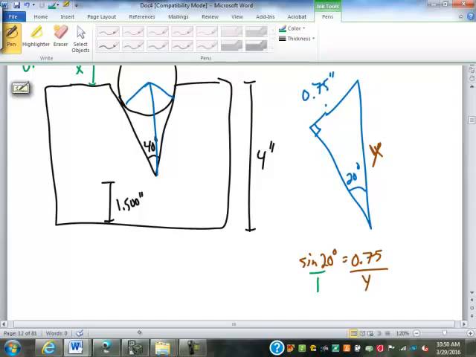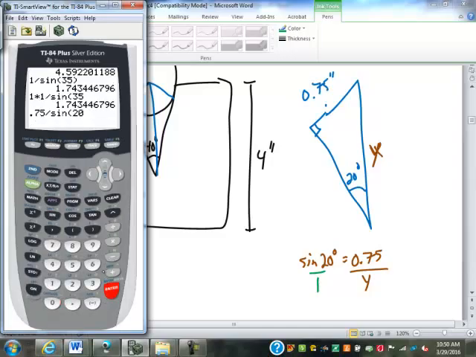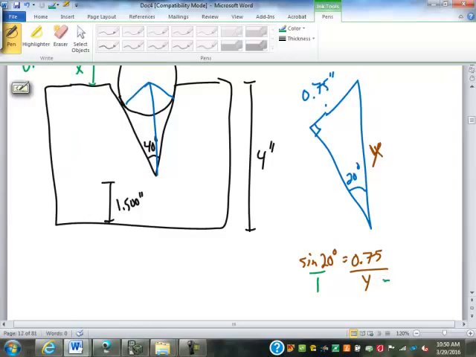So I put this over 1. It is 1 times 0.75, which is just 0.75, divided by the sine of 20 degrees. So 2.193 inches.